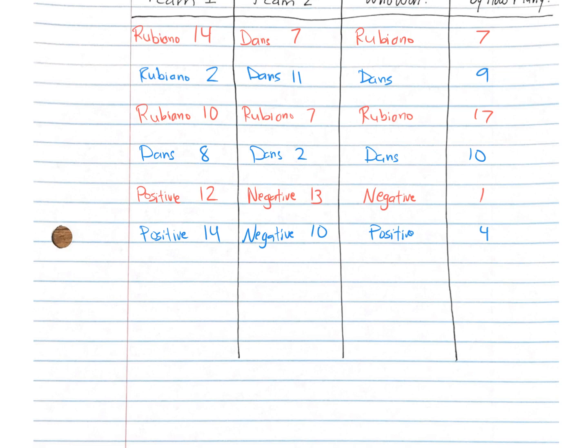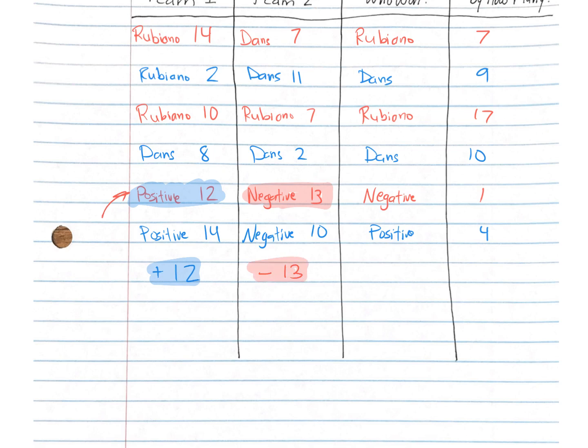But in math, we don't write out the word positive and we don't write out the word negative. What we actually do is use symbols. So I'm going to use this same example. The positive team scored 12 points. The negative team scored 13 points. So the positive team scored 12 points. That's this part. And then the negative team, that's this part, scored 13 points.